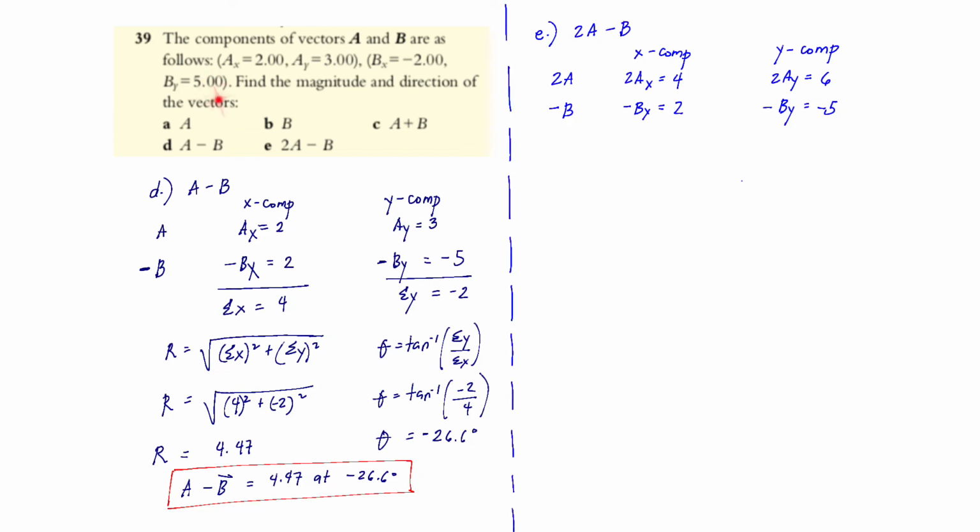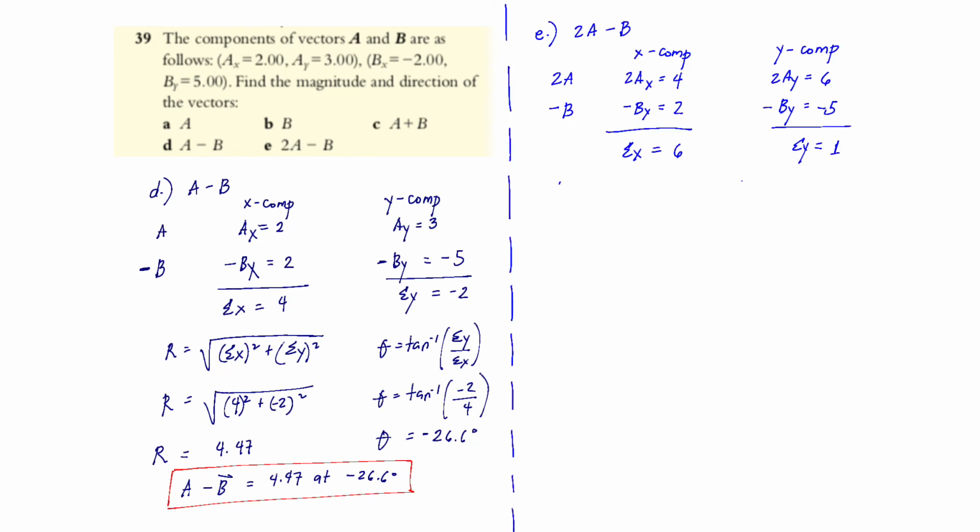So once we get the negative, we change the sign of bx and by. And so adding now, we're gonna have the summation of x and the summation of y. The summation of x would be 6, and 6 plus negative 5 is 1.